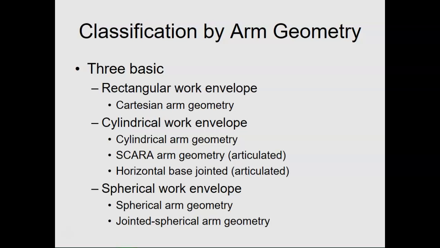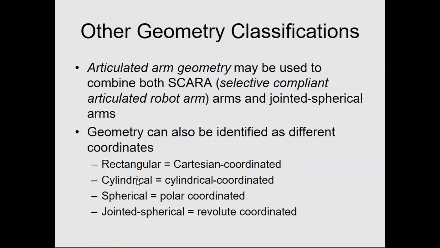So 3 basic classifications. You have rectangular, otherwise known as Cartesian. These move in an XYZ pattern. Cylindrical, spherical. We've kind of talked a little bit about all these. So some other classifications is you have the SCARA, which again we'll see in here in just a minute.